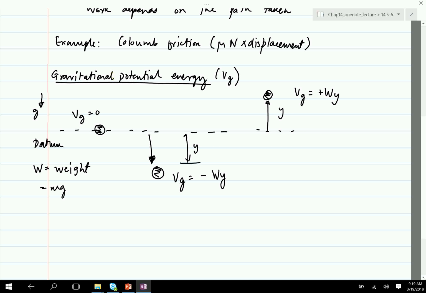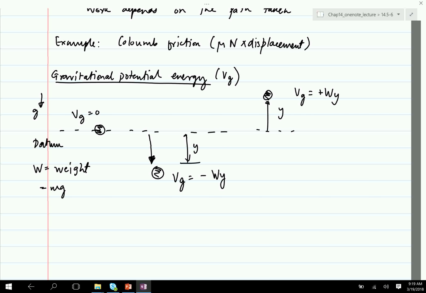Okay, note that this is exactly opposite to what we had defined for work done. When we took an object and we moved it down, mg acts downwards, but our y is measured upwards, so the net work done was, sorry, my bad. Y is downwards, so it's positive.